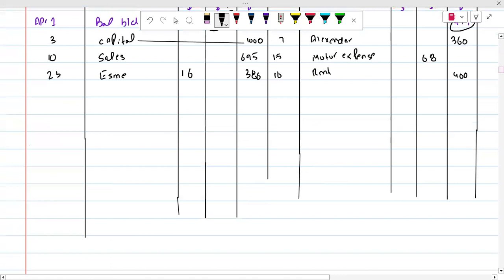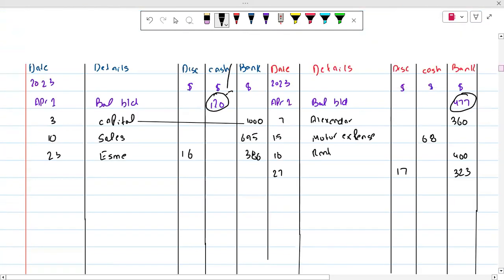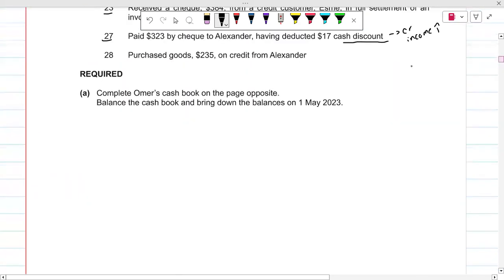So that's why we will say that on 27 April, we paid Alexander $323 and we received $17 as cash discount. Okay. So after that, we have one more last transaction.